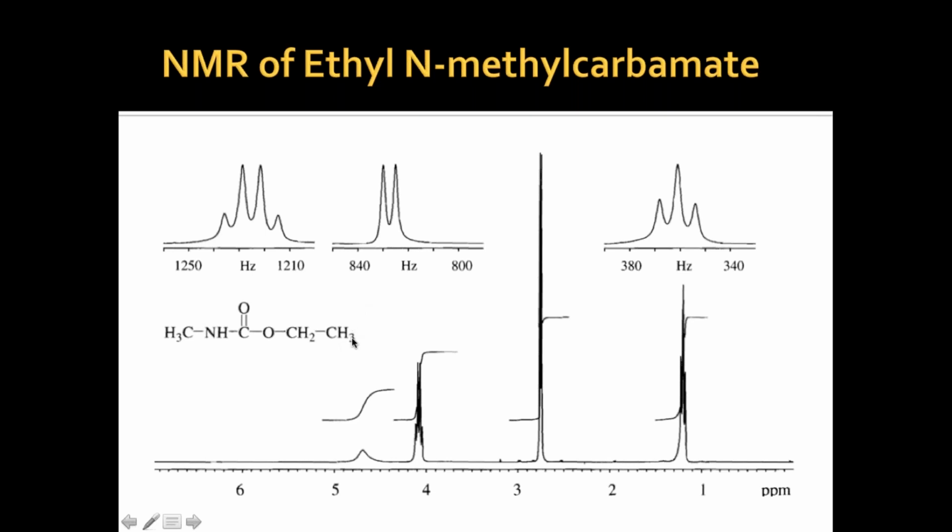CH3, CH2 means you will have one triplet, one quartet. The triplet is at 1.2, so this CH3 is coming at 1.2 with the triplet. You have one quartet at 4 point something. Agree? You have one doublet. What is the doublet coming from? See, this CH3 is under the influence of NH.